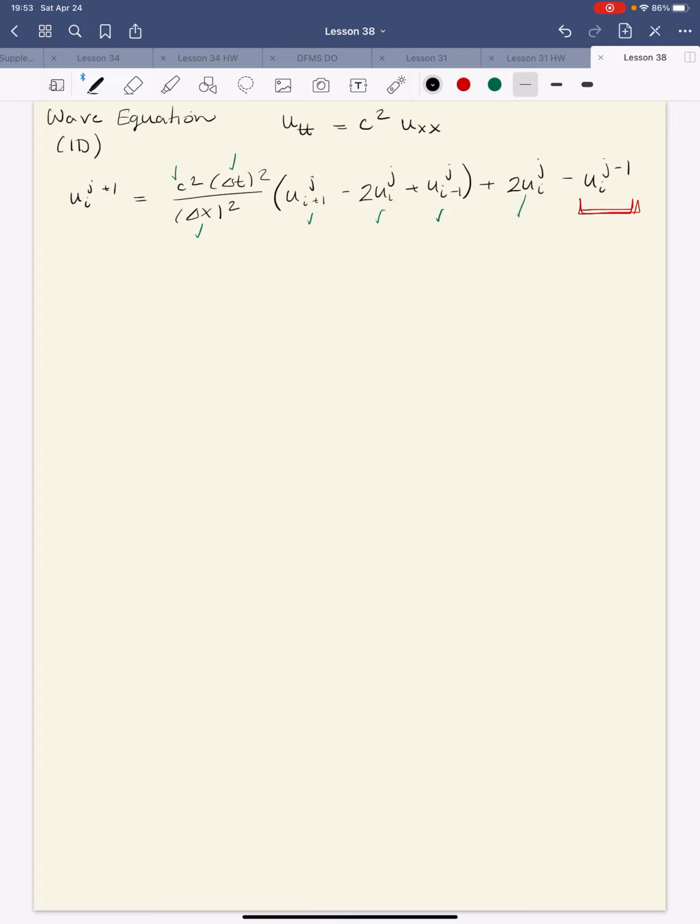So what else do we have? Well, we know that the initial displacement is equal to u(x,0) equals 1/4 x (L minus x). So it's a nice parabolic initial condition, like you grab the string as if you're going to pluck it.